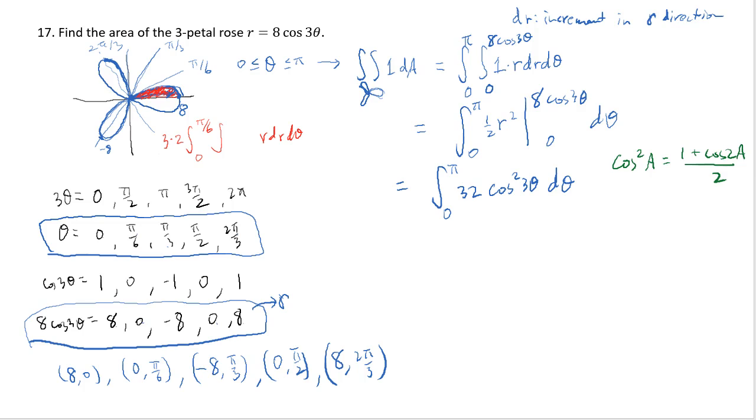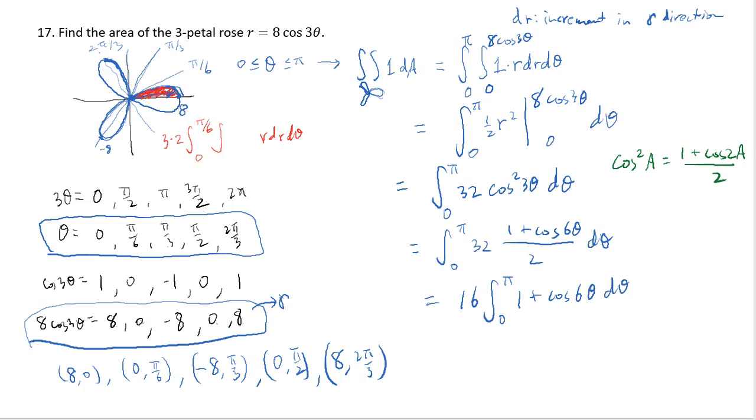So if I apply that, if a is 3 theta, 2a is twice 3 theta, which is 6 theta. And 32 divided by 2 is 16, so if I pull the 16 outside, it's from 0 to pi of 1 plus cosine 6 theta d theta.